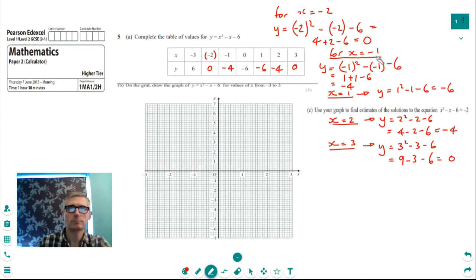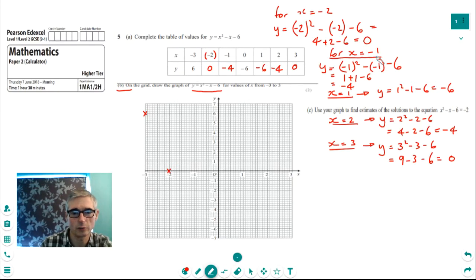So then the next job we're going to do is try and plot these on this graph. On the grid, draw the graph of y equals x squared minus x minus 6, which is the function we've just been working out for the table. So plotting these as coordinates, when x is negative 3, we get y is 6, which I represent as a cross. When x is negative 2, y is 0, so we plot that there.